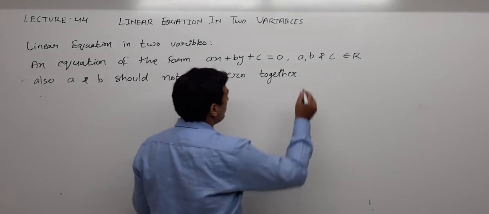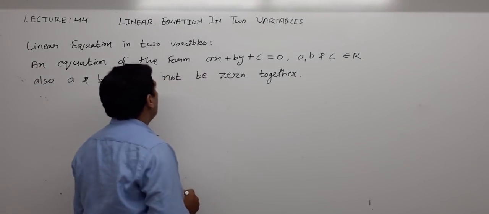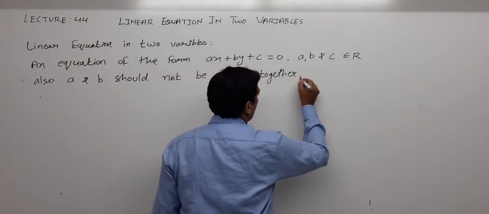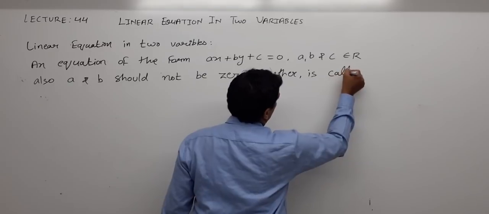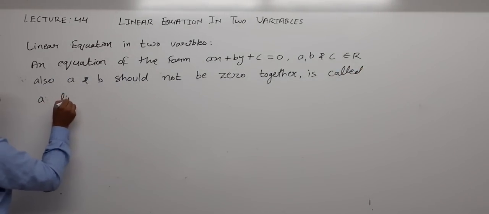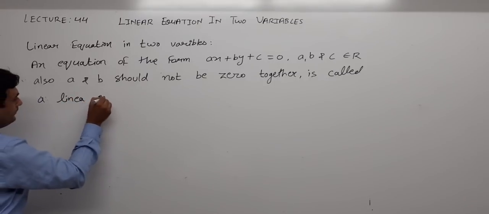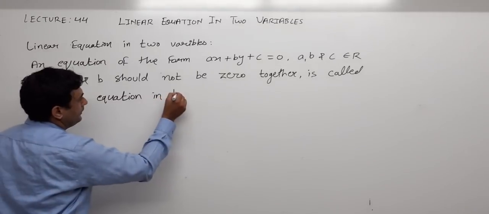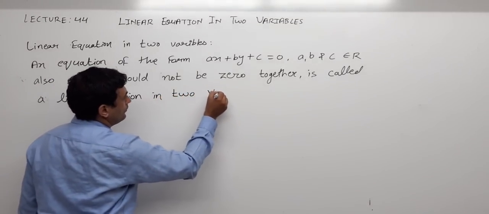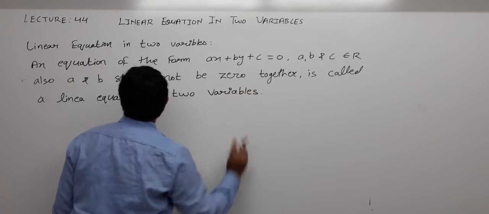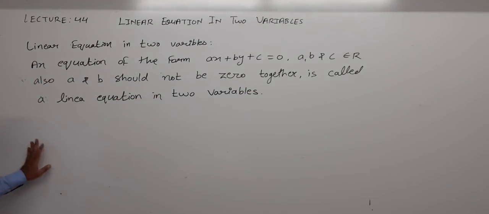Both cannot be 0 simultaneously. Okay, it's called a linear equation in two variables. So that is the definition of linear equation in two variables.